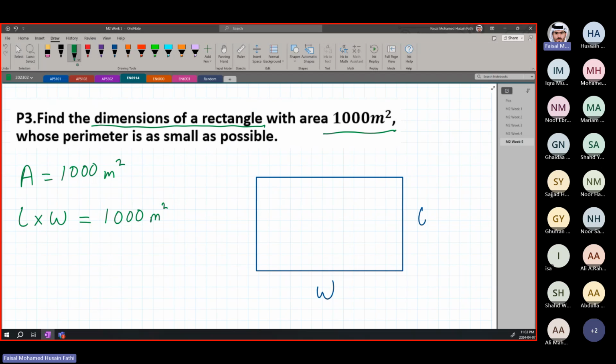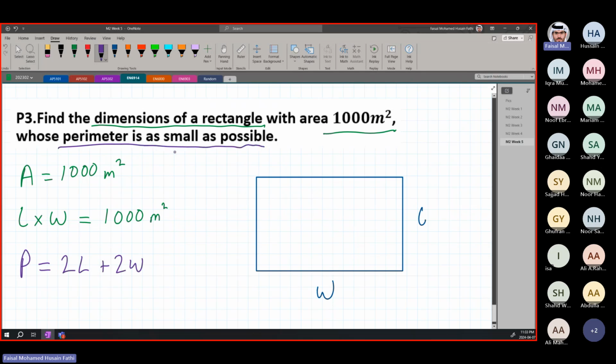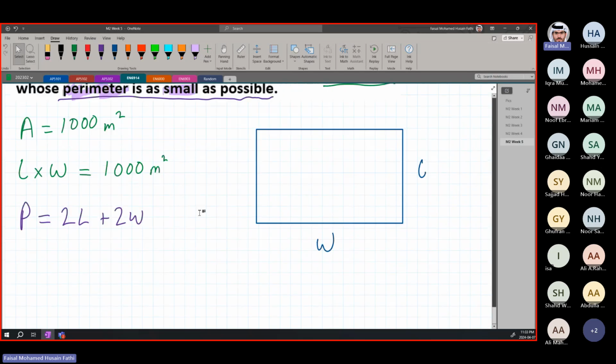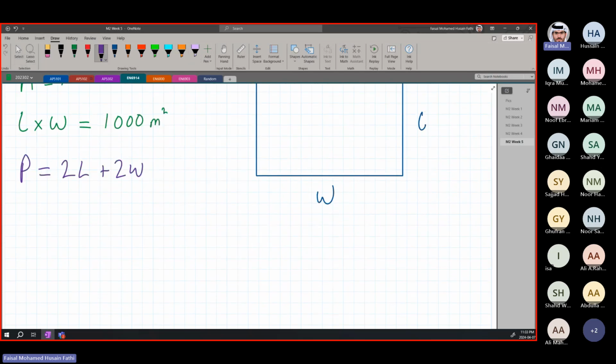Whose perimeter is as small as possible. What is the perimeter of a rectangle? The perimeter of a rectangle is equal to 2 length plus 2 width. And again, now you have to know which is the smallest possible part. We're talking about small for the perimeter, so the differentiation has to happen for the perimeter.